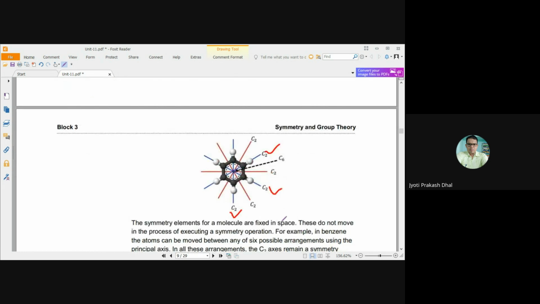And similarly, another type of C2 axis of symmetry passes through without any atom, but it will divide the molecule into two equal half parts. So these are red color, number 1, number 2, number 3.